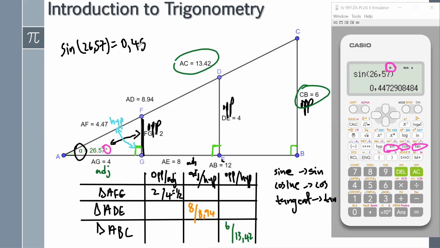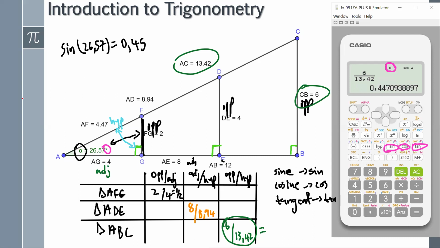That's what I get. Now, I will pick up this ratio here in green, here in my triangle. And again, I'm going to type it in my calculator and just find out what it is in terms of decimals. 13.42 is what we had measured, and it is something like that.